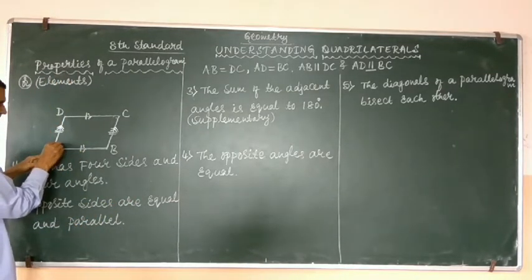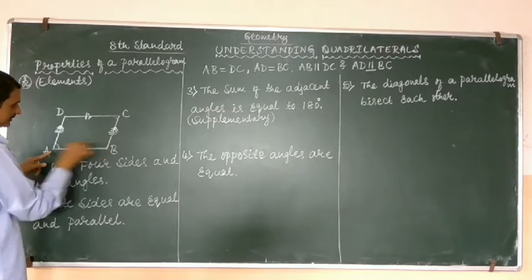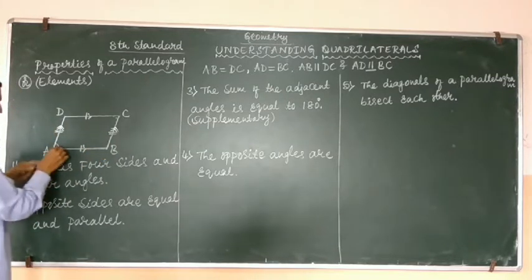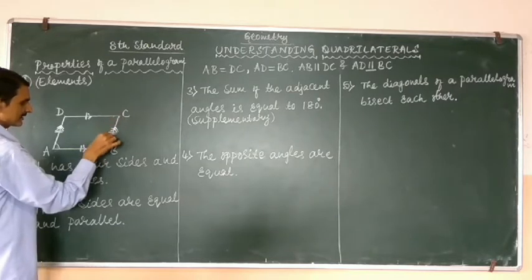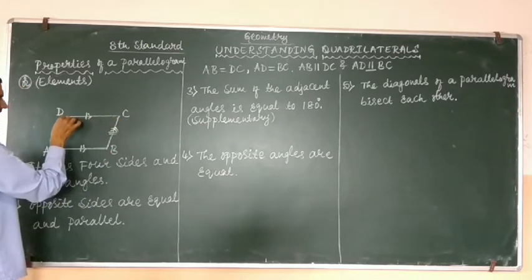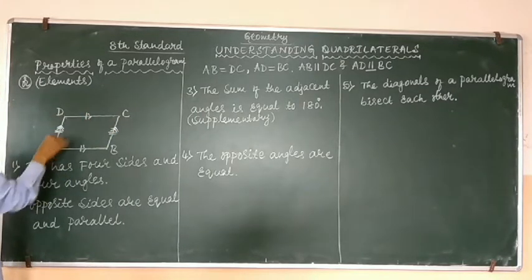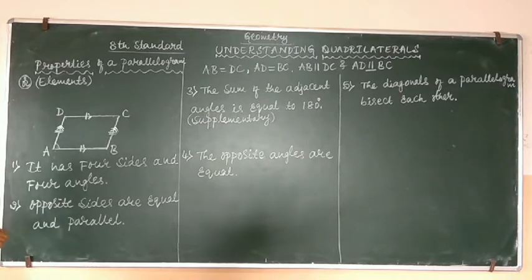Angle A and angle B are adjacent angles. Angle B and angle C, angle C and angle D, and similarly angle D and angle A are adjacent angles.